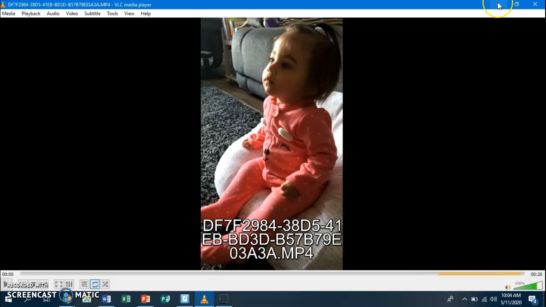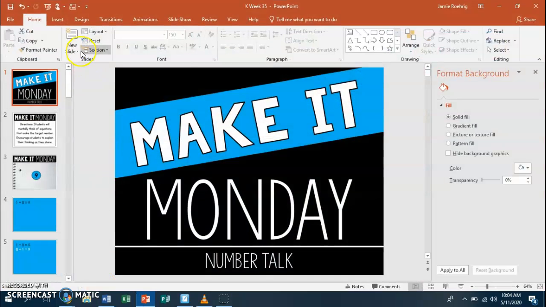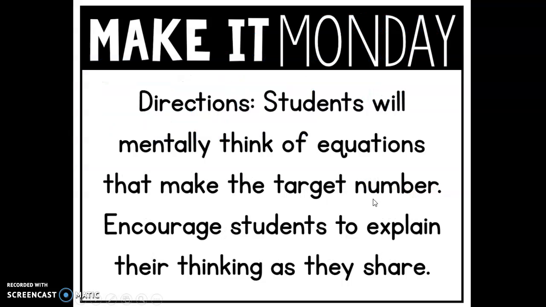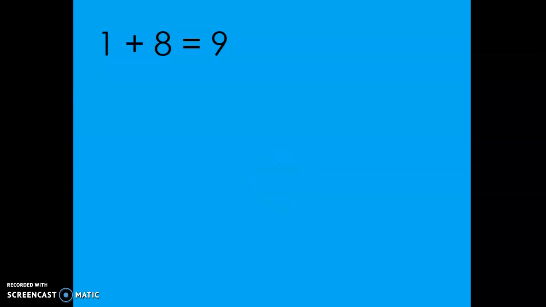All right, well, I would like to do our number talks. So our number talk on Monday is Make It Monday. So we are going to come up with different equations to reach our target number. So our target number today is 9. 9 is our target number, so we need to think of different equations to equal 9.